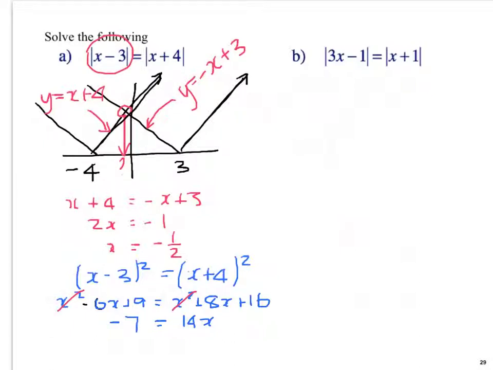So divide both sides by 14, and that will give us x equals negative a half, which is the solution to the problem. So there's two ways of doing that. I love the graphical way, and it really helps in the next one, but you can also do squaring both sides. I'll leave that second one for you to have a go at now.